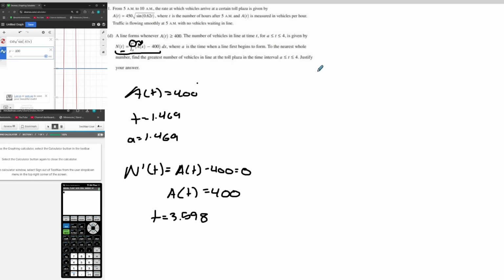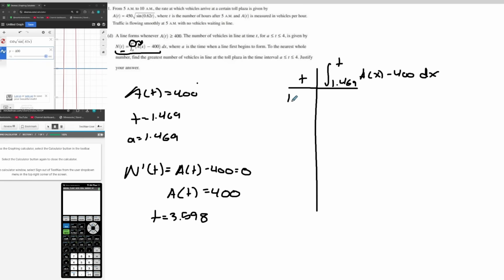So then you create a table, and this table has t values, and then it should also have the integral from 1.469 to t of a of x minus 400 dx. Our values are our bottom endpoint, 1.469, any relative extrema we had, so I'll put the 3.598, and then our top endpoint, which is 4.